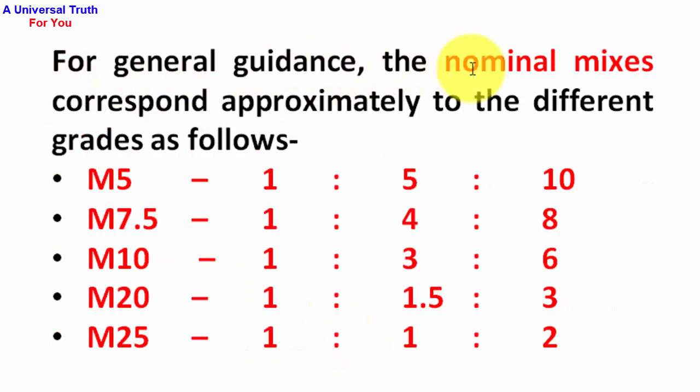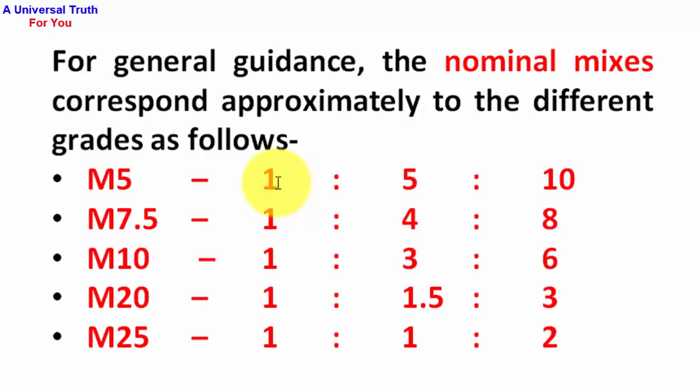For general guidance, the nominal mixes correspond approximately to the different grades as follows. So these are the different grades: M5, M7.5, M10, M20, M25. And according to this, the mixture of cement, sand, and coarse aggregate are in this proportion.